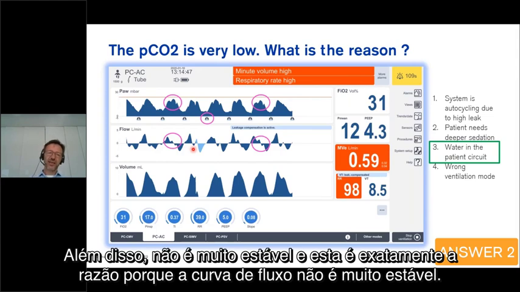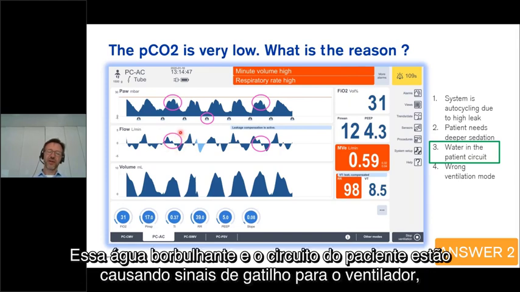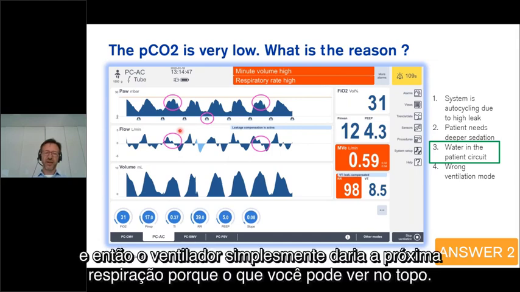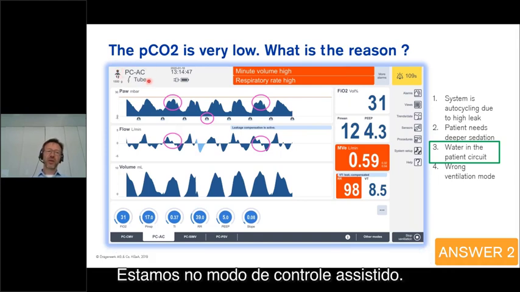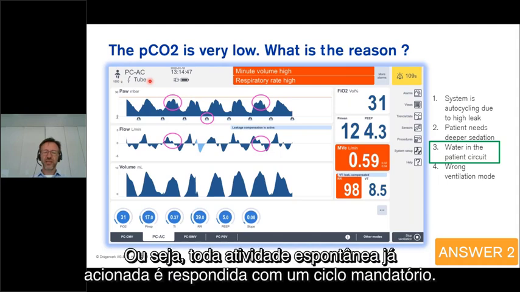And this exactly is also the reason: because the flow curve is not very stable, this bubbling water in the patient circuit is causing trigger signals to the ventilator. And then the ventilator would simply give the next breath, because what you can see here at the top, we are in the mode assist control. That means every spontaneous activity, every trigger is answered with a mandatory cycle.